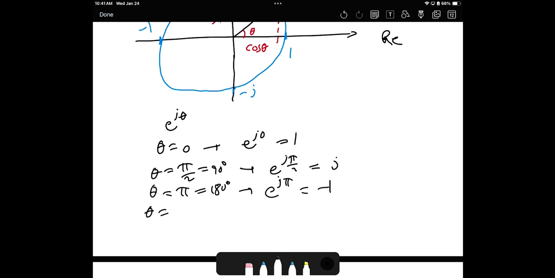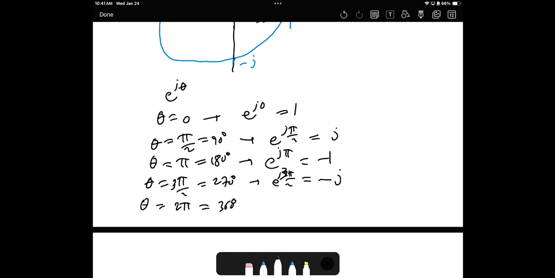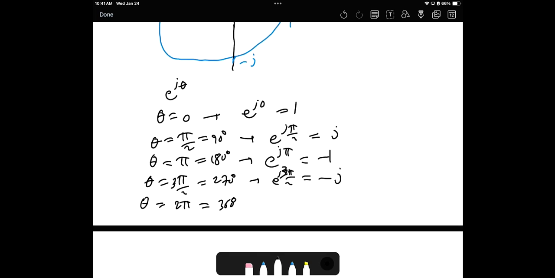Then when theta equals 3 pi over 2, which is 270 degrees, e power j 3 pi over 2 equals negative j. When theta equals 2 pi, which is equivalent to 360 degrees, this is the same as 0 angle, e power j 2 pi, which is equal to 1.